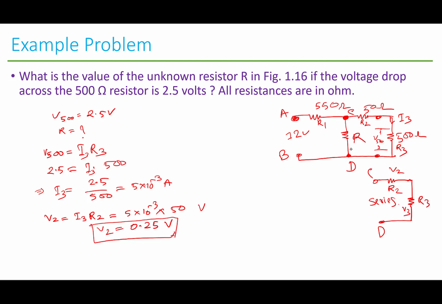So the voltage across CD, VCD, will be equal to 0.25 plus 2.5, which equals 2.75 volts. Now think about this portion. The total voltage VAB equals 12 volts. The voltage across CD, VCD, equals 2.75 volts.